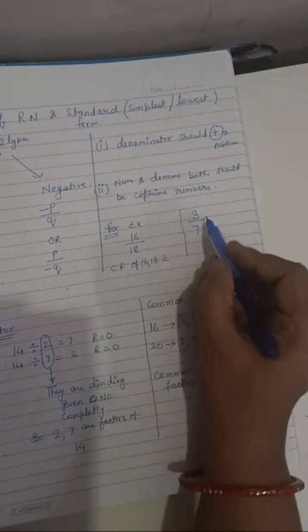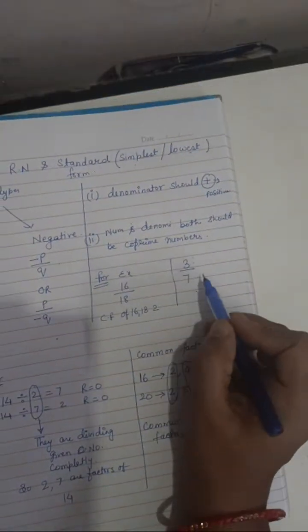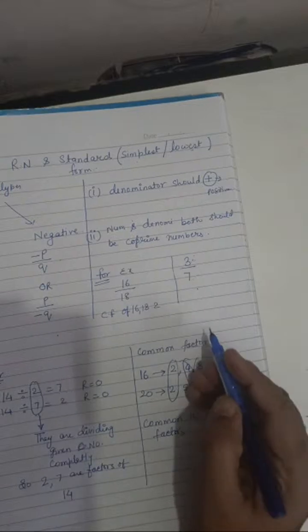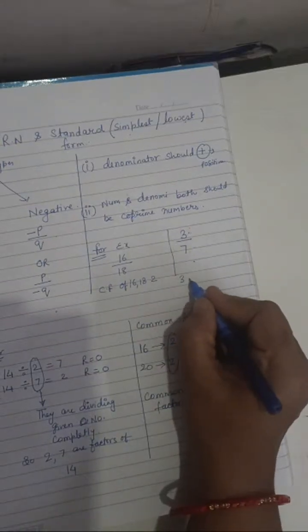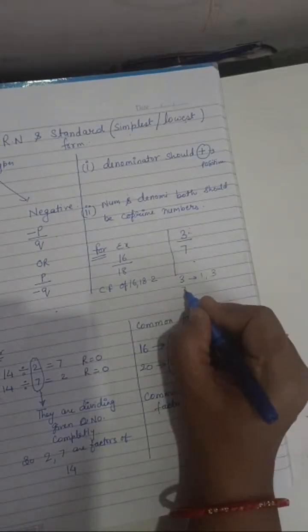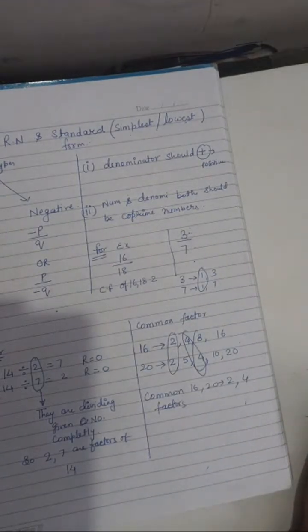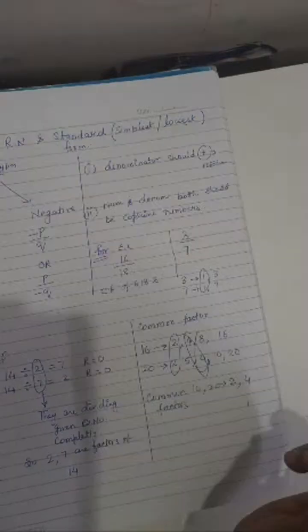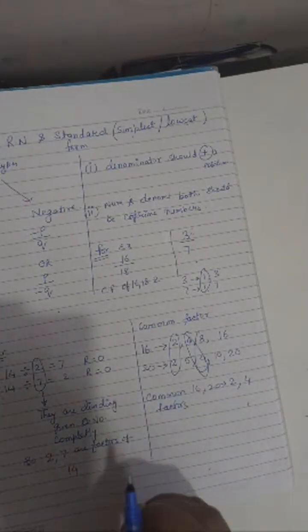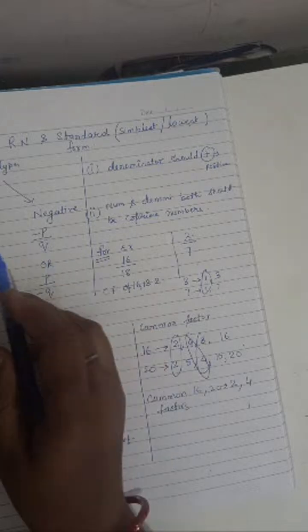Now if I talk about 3 upon 7. So 3 and 7. If I write all the factors of 3, that is 1 and 3; of 7, 1 and 7. What is the common factor? That is 1. So we are talking about the standard form of any rational number.